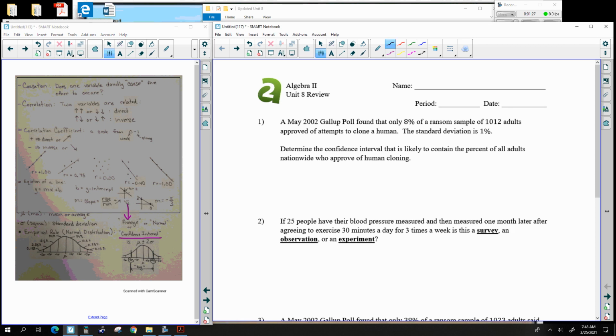So here we go. In this problem, I see that the average is 8% and the standard deviation is 1%. Constructing one of those distribution curves, the average goes right smack dab in the middle, so that is 8%. Then we go up by standard deviations, and luckily the standard deviation is 1, so this would be 9%, 10%, 11%.